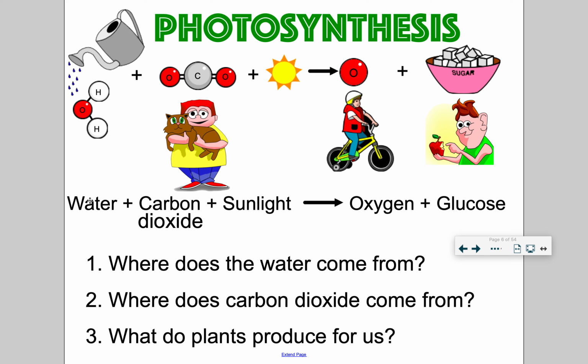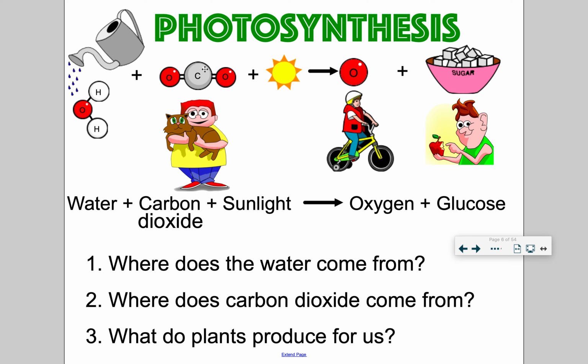All right, where does the carbon dioxide come from? It comes from animals. You're exhaling carbon dioxide right now. Other animals exhale carbon dioxide too. We put carbon dioxide up in the atmosphere through burning of fossil fuels. So it comes from the atmosphere, from animals, and from processes that we humans direct.